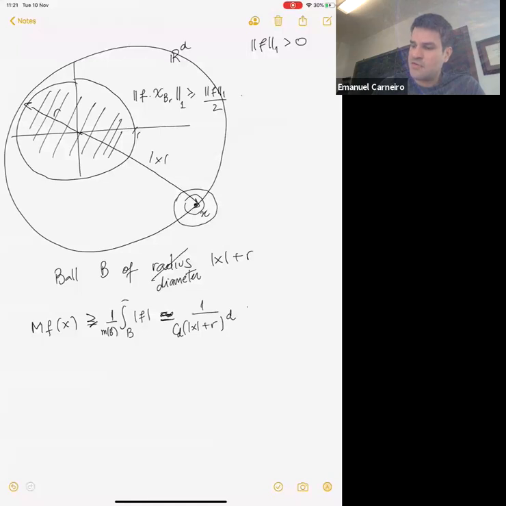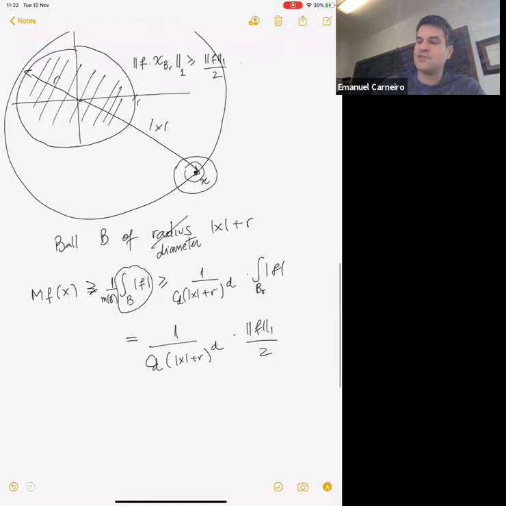And the integral of f over this ball is bigger or equal, and this is at least half of the integral of f over this little ball B_r that you took initially, right? And this is going to be 1 over a dimensional constant, say (|x| plus r) to the d, times the L1 norm of f over 2, because you chose this little ball in the beginning to have at least half of the mass.